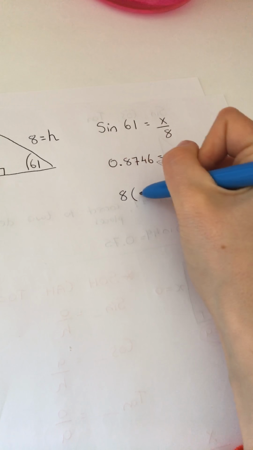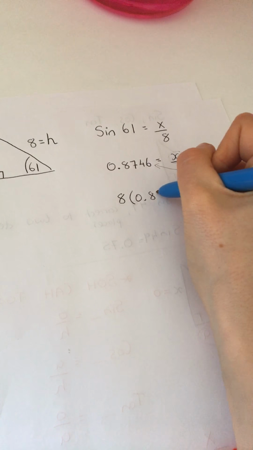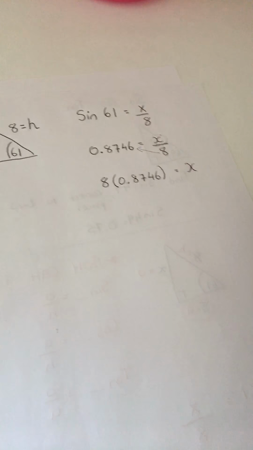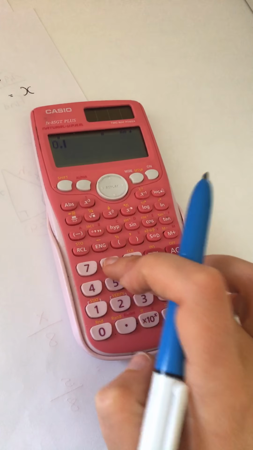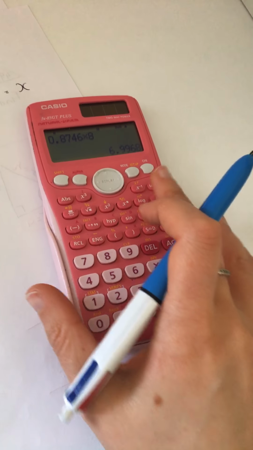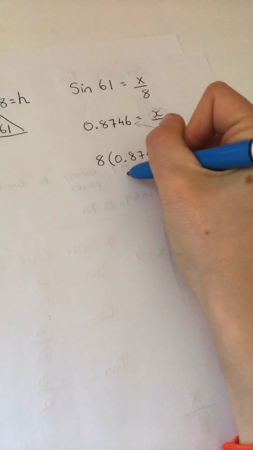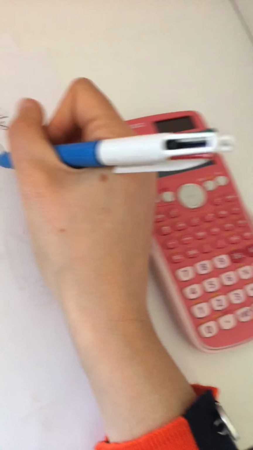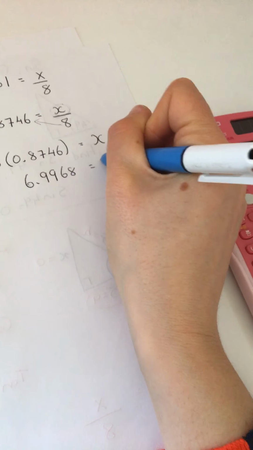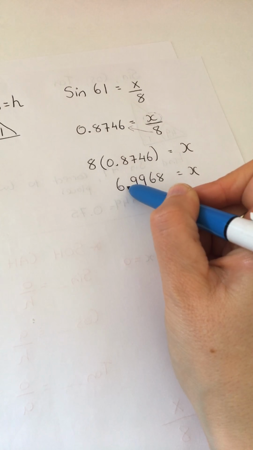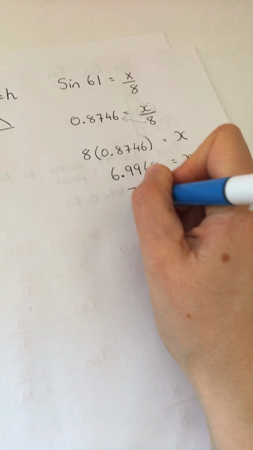So we have 8 times 0.8746 equals x on its own over there. So 0.8746 multiplied by 8 equals 6.9968. Now let's say they want x to the nearest whole number. So the nearest whole number there is 7.